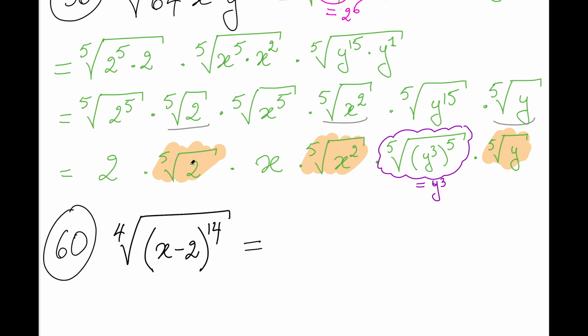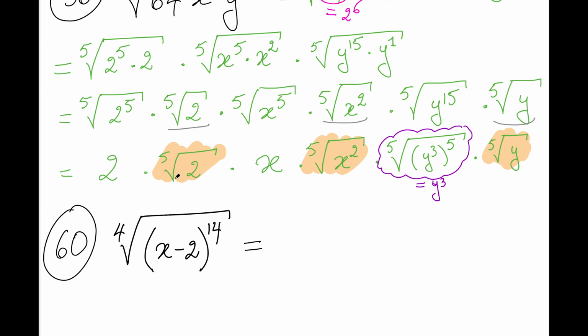This is numerical. This radicand is a variable expression in terms of x, and this is a variable expression in terms of y. So if you multiply them out, you get a simplified radical expression.